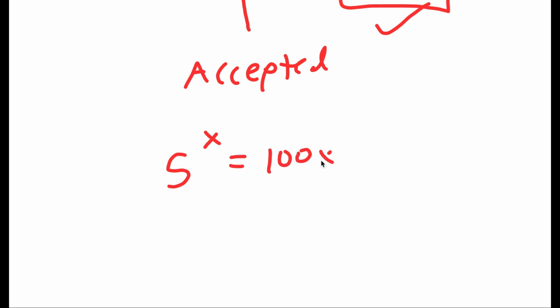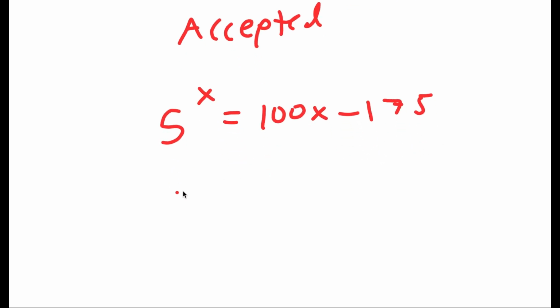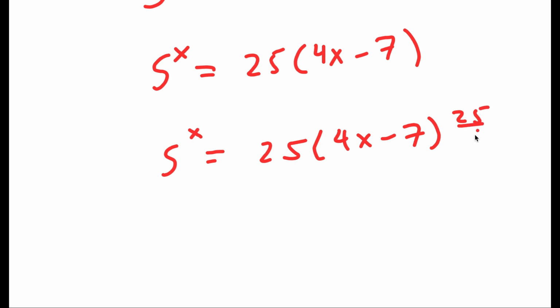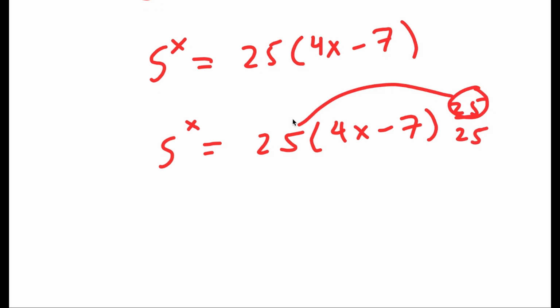So I have 5 to the power of x is equal to 100x minus 175. I'm going to do the same thing. This time we want x to equal 4. So if I factor out 25, I get 25 times 4x minus 7. And this time I'm going to multiply both sides by 25 over 25. So I have 25 times 4x minus 7 times 25 over 25. The 25 multiplies over here, and I have a 25 as a denominator.